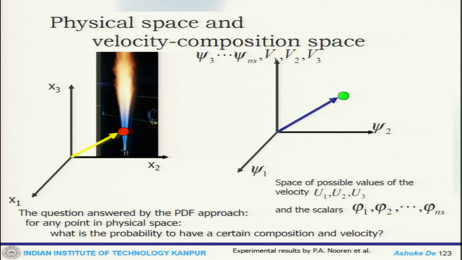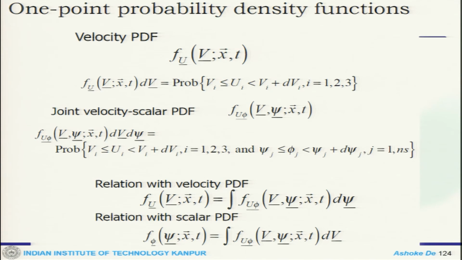Now, if we look at the physical space problem here, and we transform to the velocity composition PDF, that means you have three velocity component variables and the scalar variables. They will form this total space, which is a joint velocity composition PDF, and one can see the probability to have certain compositions there. For the one point PDF, the velocity PDF is the probability of some sample lying between these two components.